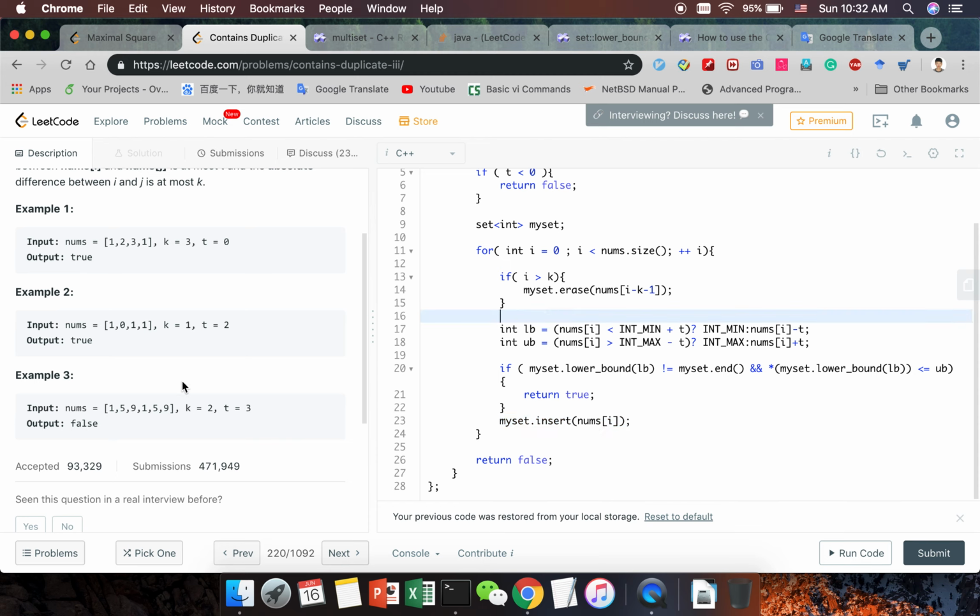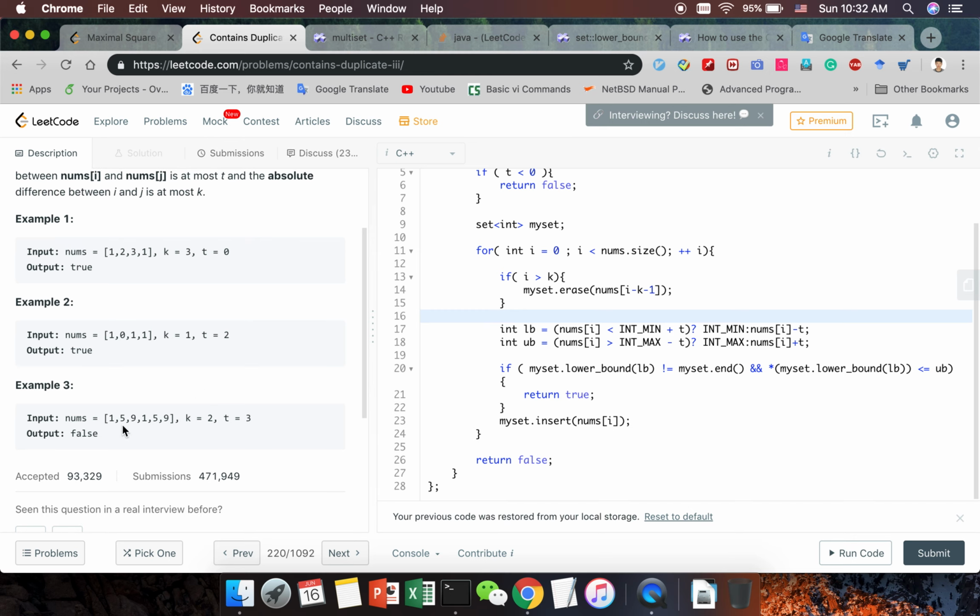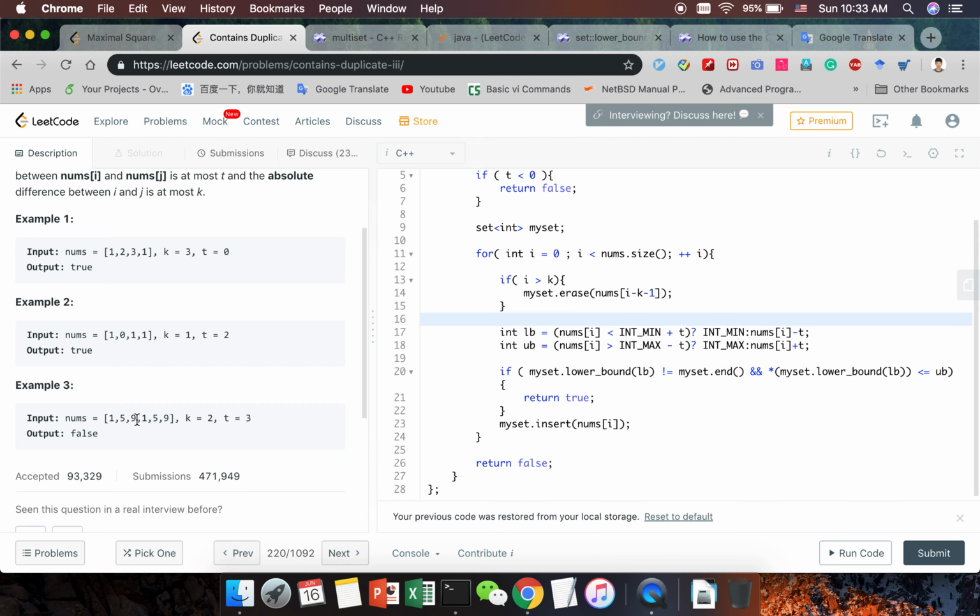So, take the third input, for example. When 1 is coming, my set is empty at the beginning, right? So i is smaller than k.